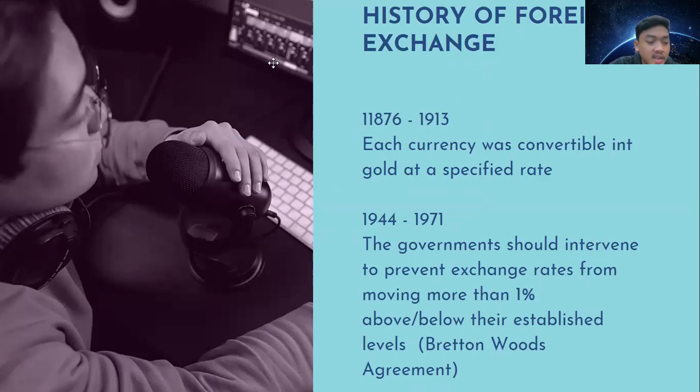From 1876 until 1913, its currency was convertible into gold at a specified rate, and for 1944 until 1971, the government should intervene to prevent exchange rates from moving more than 1% above or below their established levels.